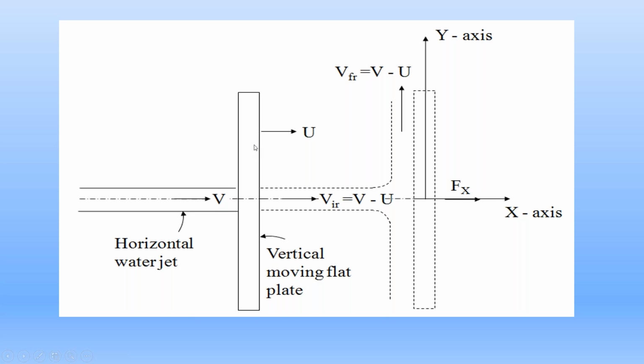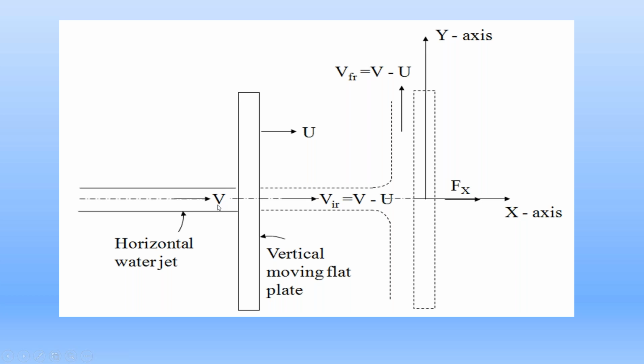So the plate is moving in the direction of the water jet, away from the water jet. V is the absolute velocity of the water jet. U is the absolute velocity of the vertical flat plate.